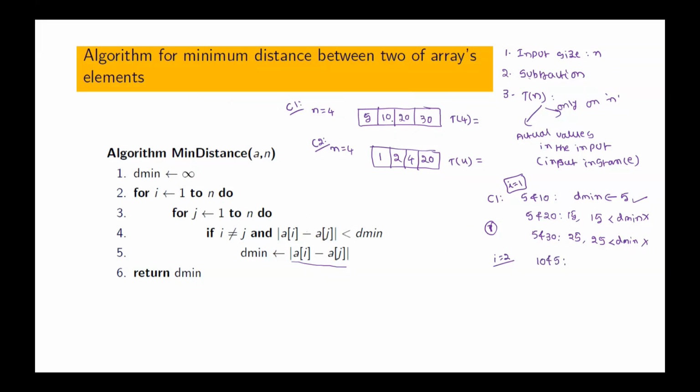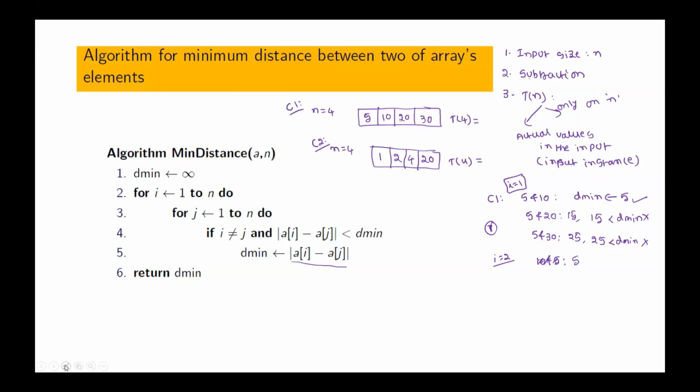Is that correct? Yes. So what is the value we get? We get 5. Okay, let us write it as 5 and 10 only.